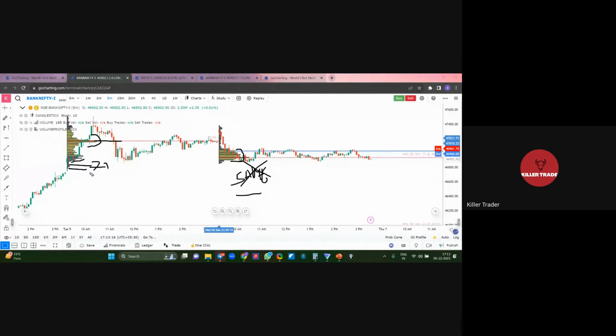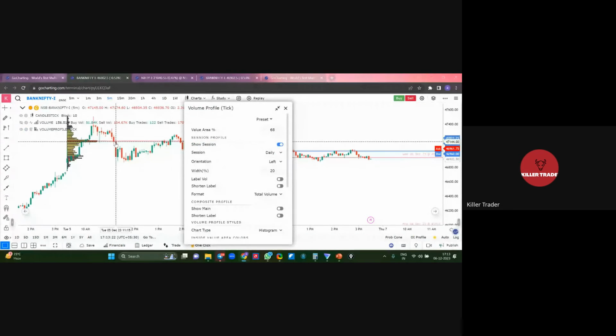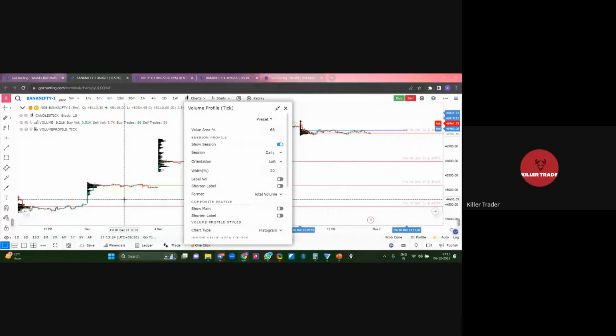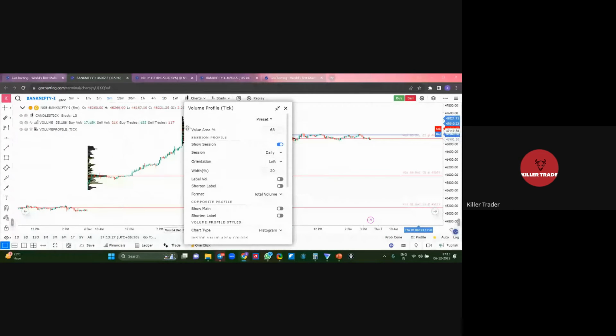Now, to understand and differentiate between these areas of higher interest and lower interest, we use something called value area. That is the area where there is a lot of interest of market participants transacting in higher volumes, thereby creating something called value.